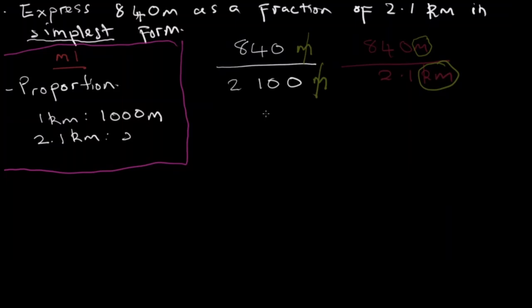So as long as you make sure that the units are the same, you do not mind writing them down. Okay, so let me remove the clarifications and let us simplify 840 over 2100.